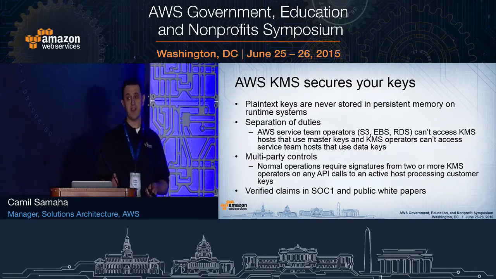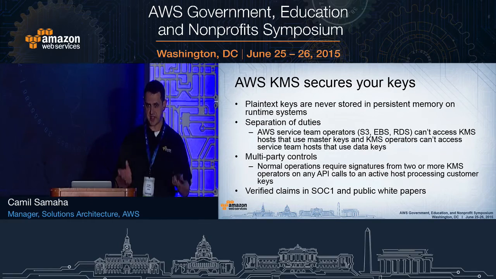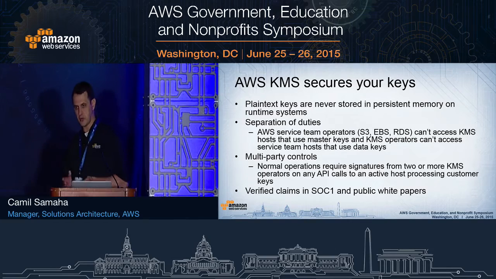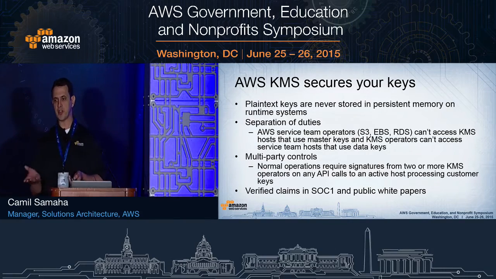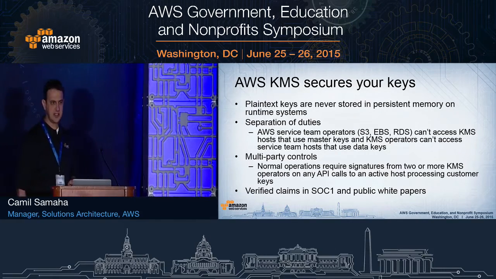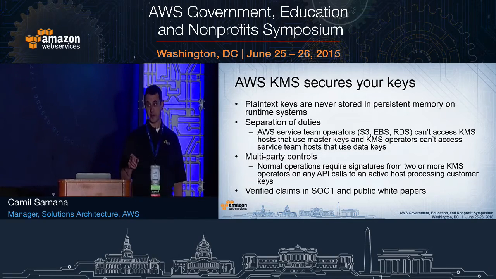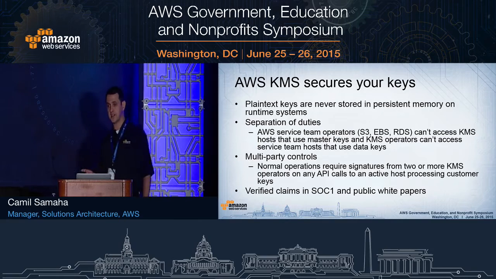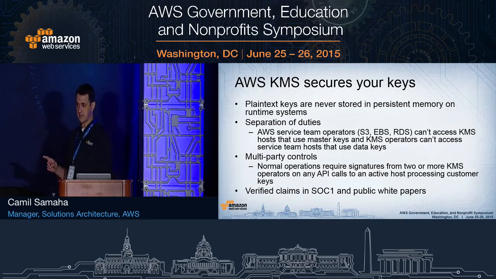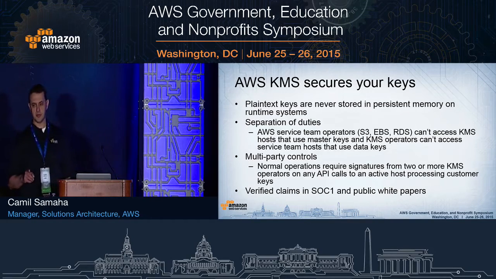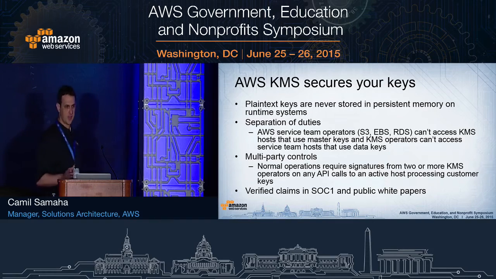They do not have access to the systems that generate or manage or do any operations on the master keys. And in reverse, the KMS operators or administrators do not have access to the service team systems that use those keys and process the data.